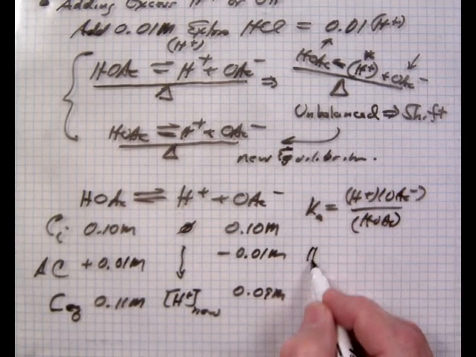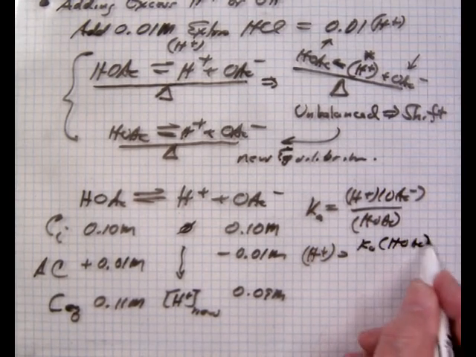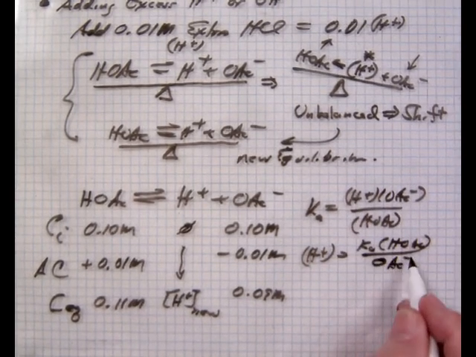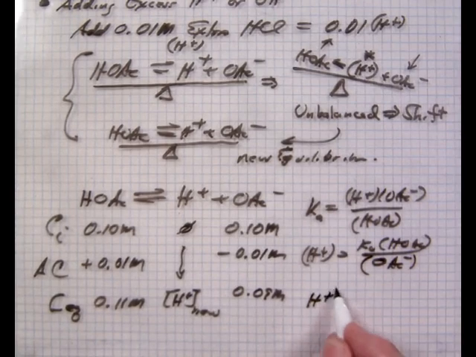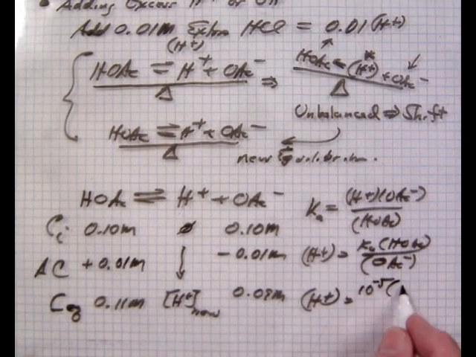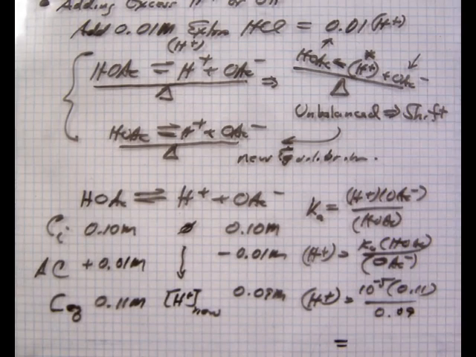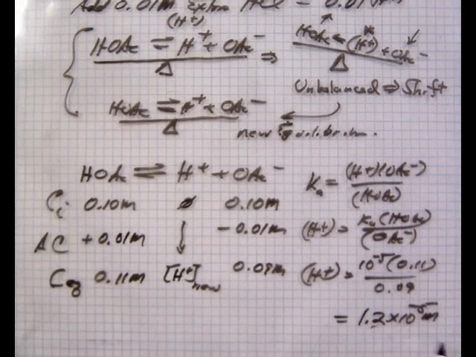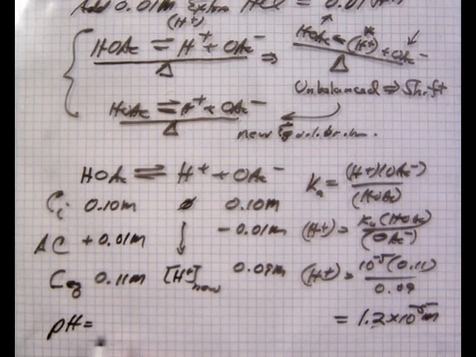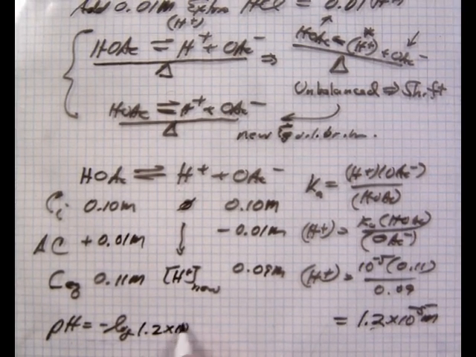And so your Ka is figured, and you solve for H plus, and you get Ka times HOAC over the new salt concentration. And so your new hydronium ion concentration is 10 to the minus 5 times 0.11 over 0.09. So we have a new concentration of hydronium ions, so we can now calculate the pH: minus log of 1.2 times 10 to the minus 5.